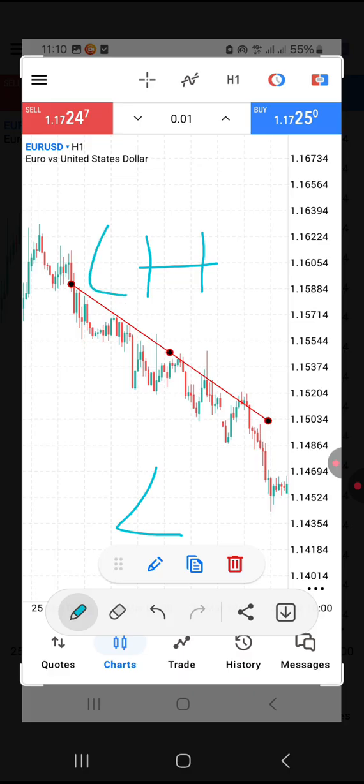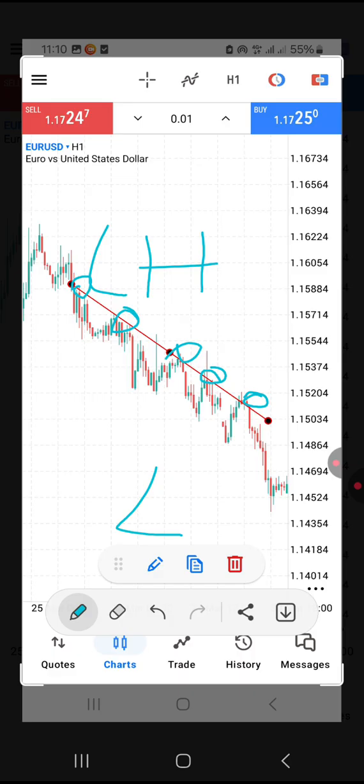LH. That's what we call lower highs. Lower highs is simply this. You can see price came up at this point, and then this point, this point. You can see different points. Every high here is lower than the previous high.